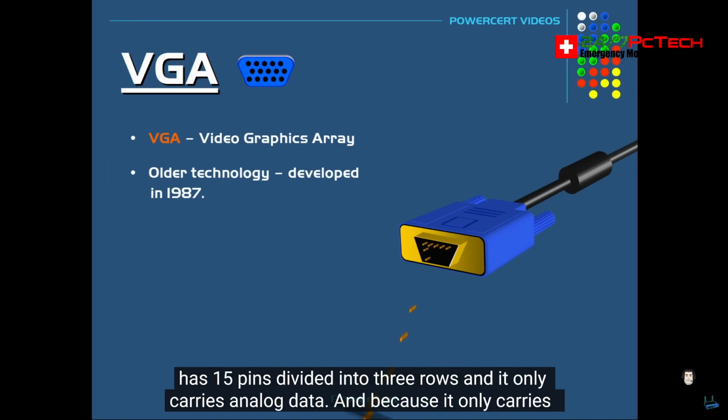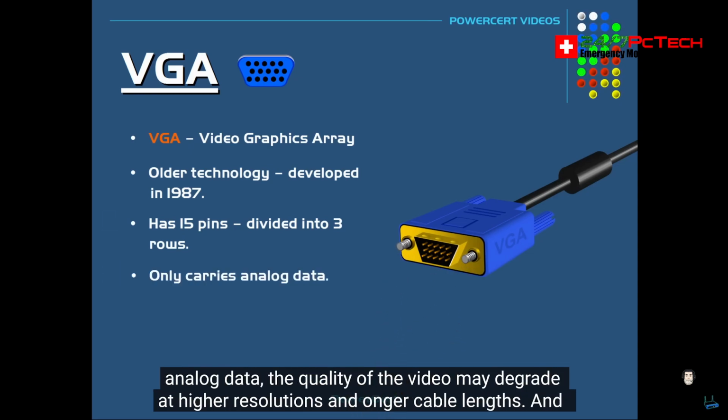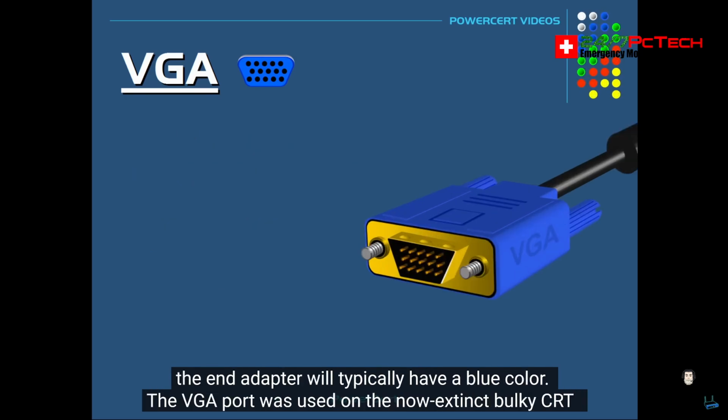The VGA port has 15 pins divided into 3 rows, and it only carries analog data. Because it only carries analog data, the quality of the video may degrade at higher resolutions and longer cable lengths. The end adapter will typically have a blue color.